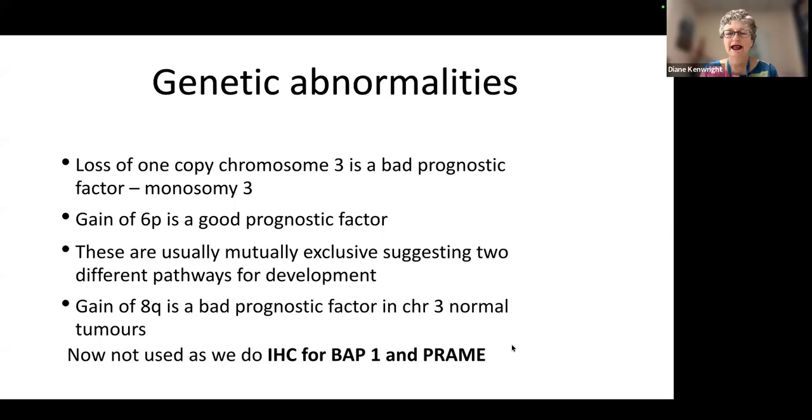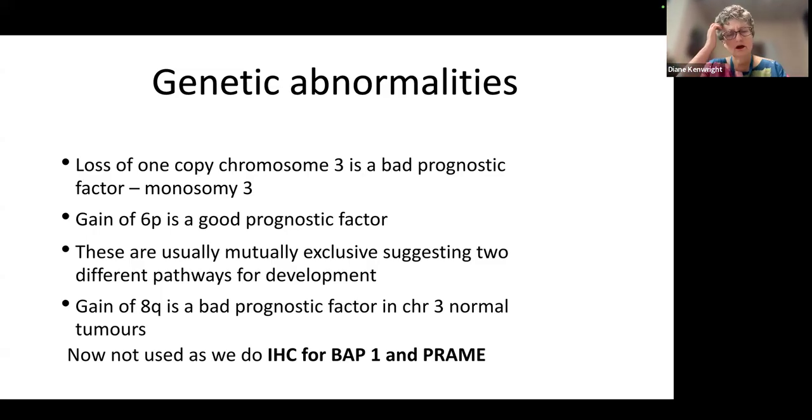Okay, let's have a wee look at genetic abnormalities. In the olden days, we did FISH. We looked at chromosomes 3, 6, and 8, where monosomy 3 is a very bad prognostic factor and gain of 6p is a good prognostic factor. And you didn't get them together, so there are two mutually exclusive pathways for development, one that loses chromosome 3 and one that gains 6p.